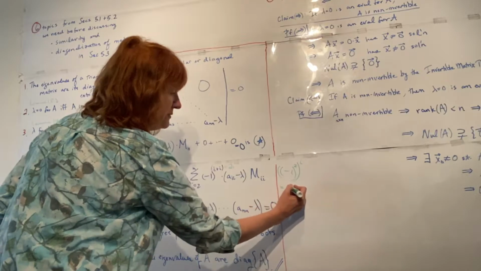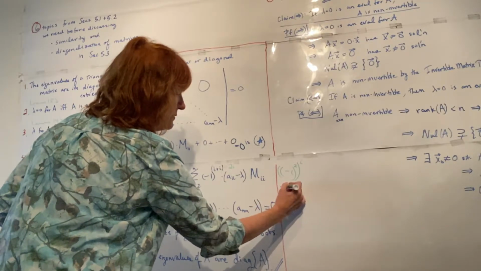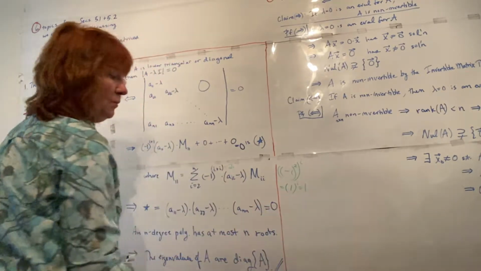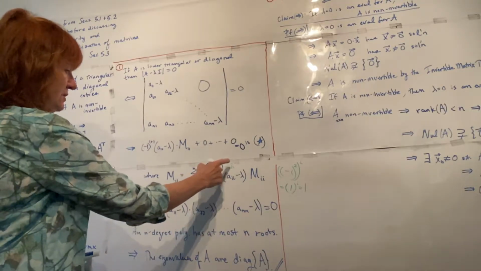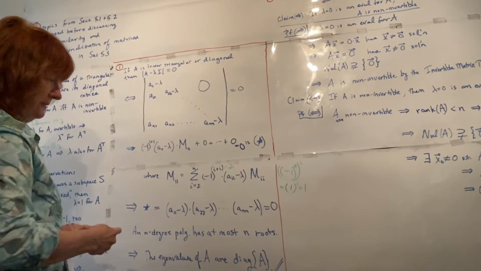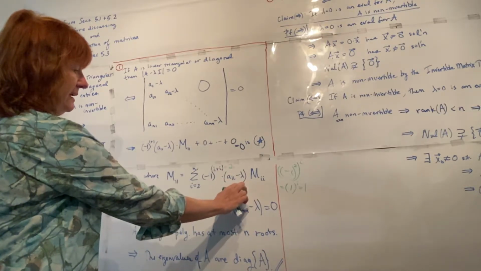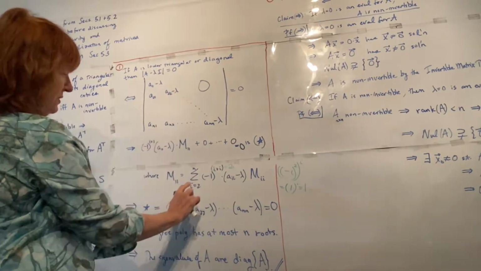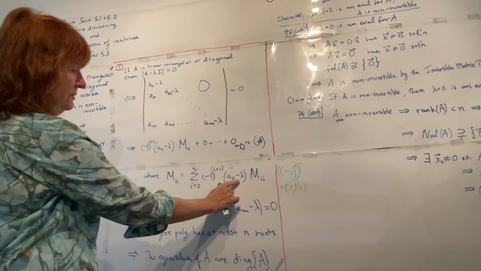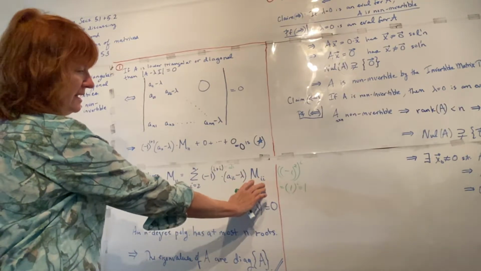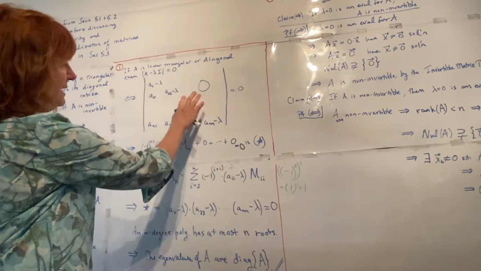That's the same thing as (-1) squared, which is just 1, raised to the i power. That's always going to be equal to 1. So those are just always going to disappear. And we're left with A22 minus lambda times its determinant of its minor.